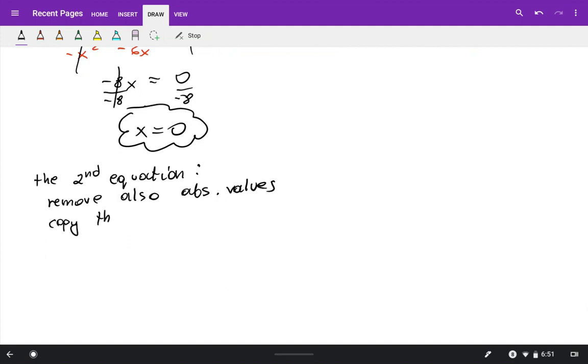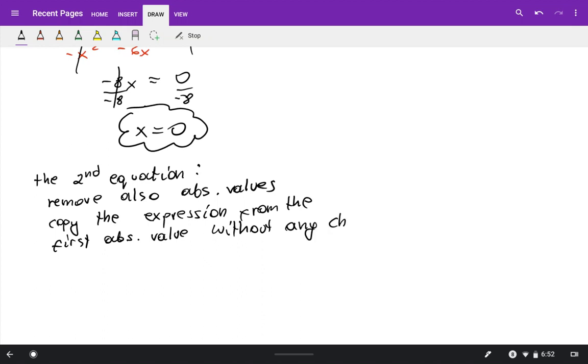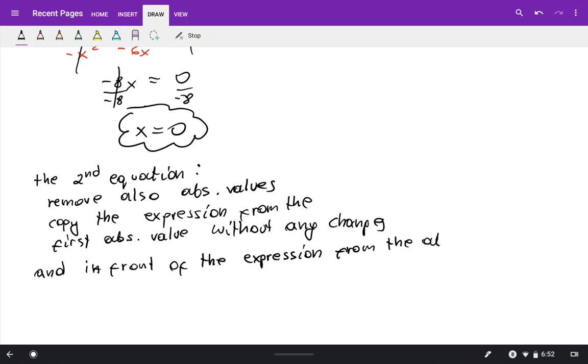Copy the expression from the first absolute value without any changes, and in front of the expression from the absolute value on the right side, put -1. So this is what I'm talking about.